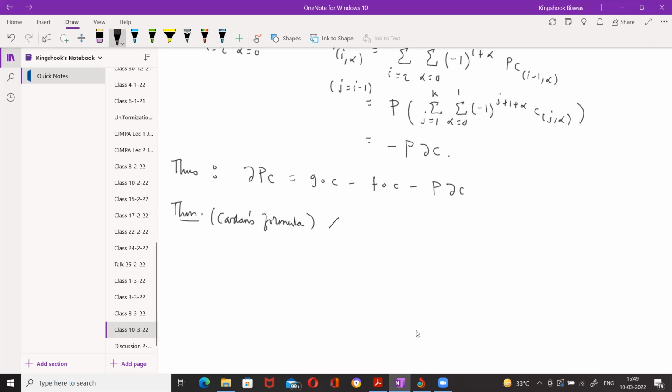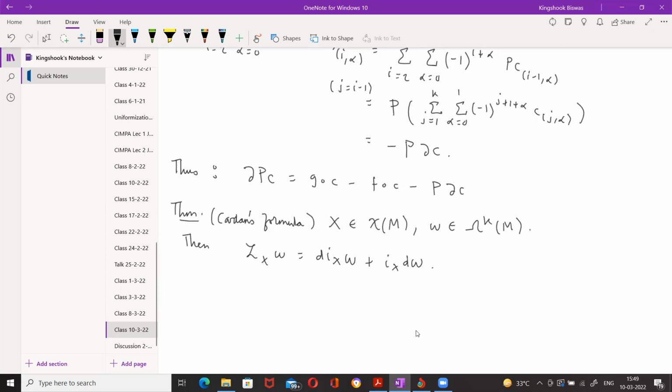It says if X is a smooth vector field on M and omega is a K form on M, then the Lie derivative L_X omega is equal to d of I_X omega plus I_X of d omega.